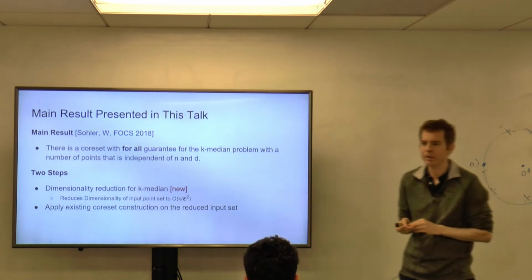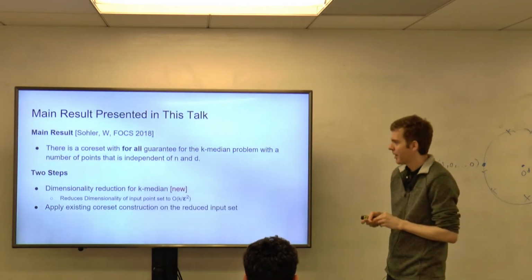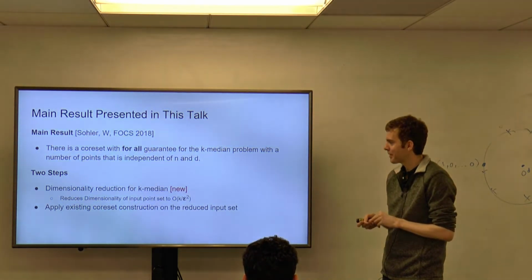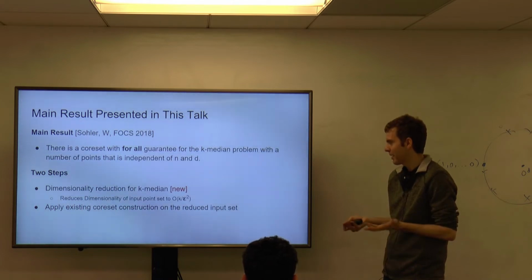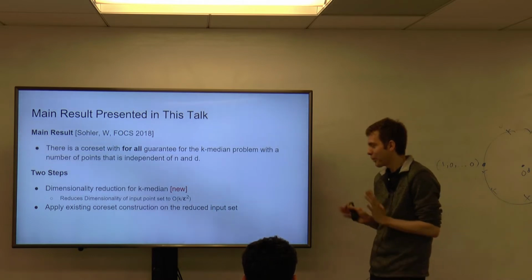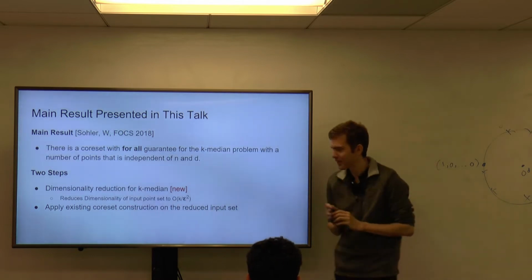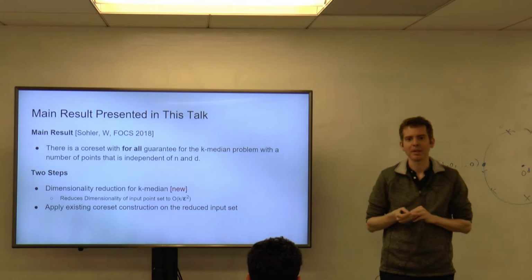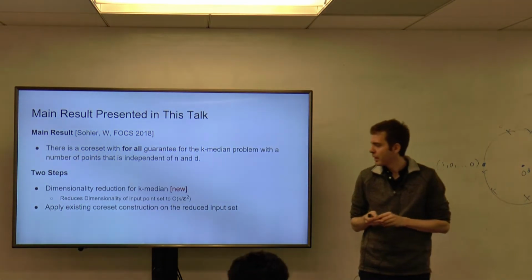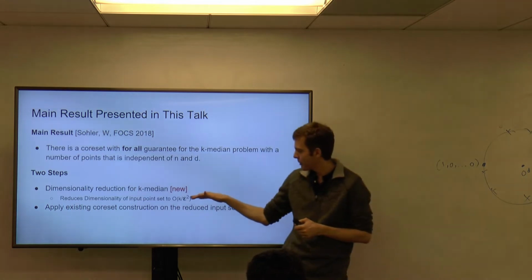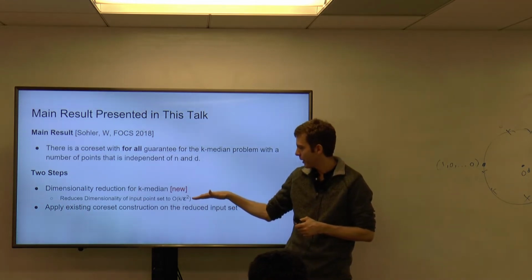Okay. So what's the best lower bound here? That's a great question. We don't have non-trivial lower bounds. k is a lower bound. As far as we know, you can get lower bounds in terms of d, like k times d.